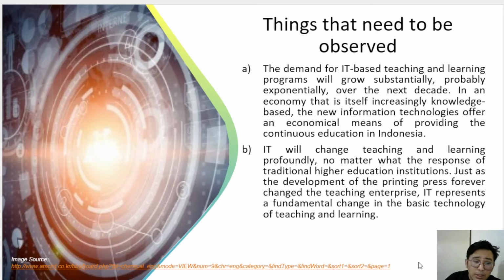The second one is what IT will become in teaching and learning. Whatever the response of traditional institutions, traditional universities, it won't stay like that forever.